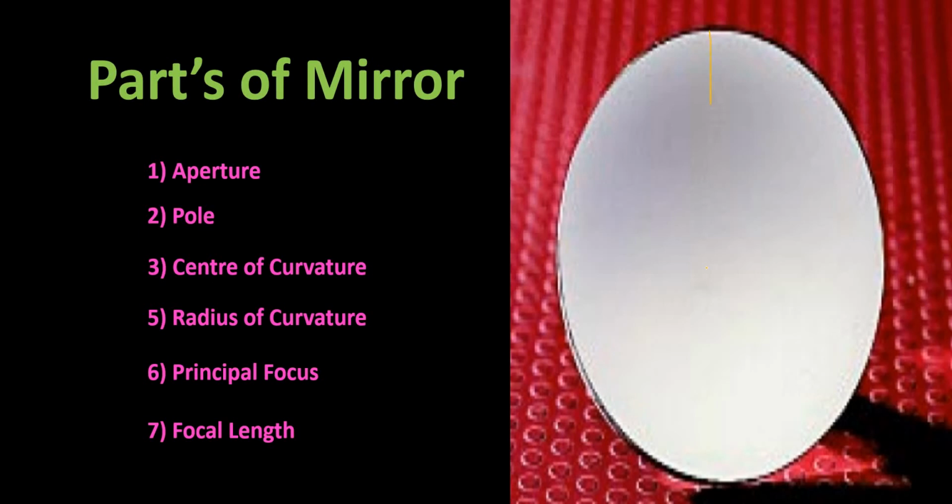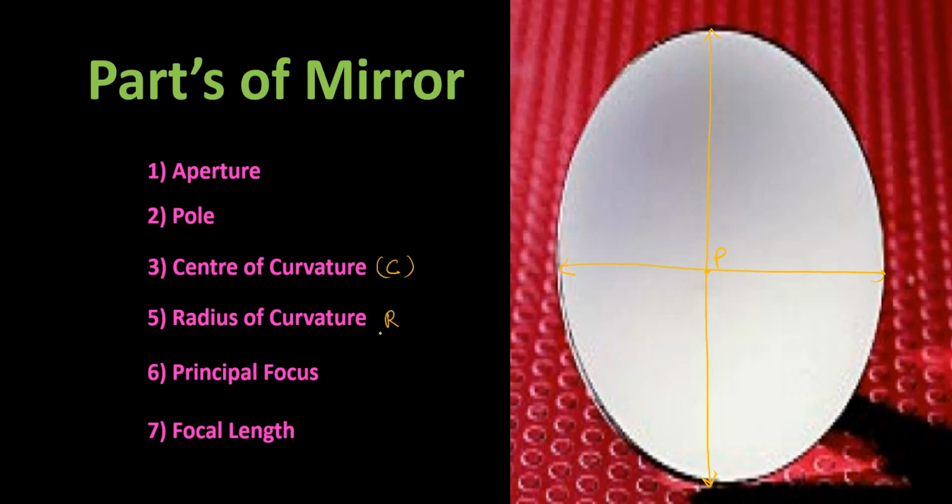Aperture is the size or diameter of a mirror. Size or diameter of a spherical mirror is known as aperture. Pole is the center of the mirror. Center of curvature will be the center of the hollow sphere of which these mirrors are a part.